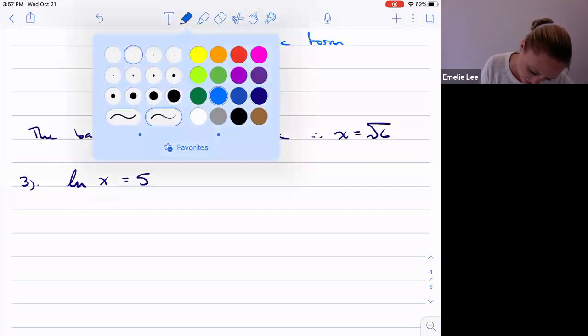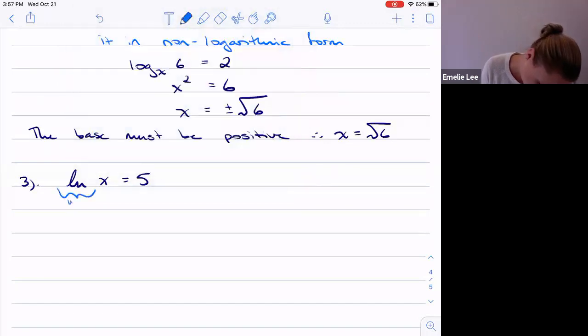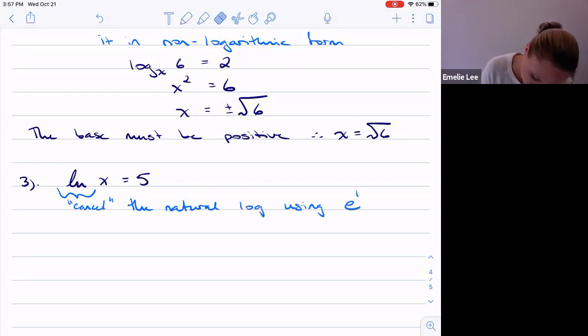So here, I'll say cancel the natural log using e to the power of ln of x equals x.